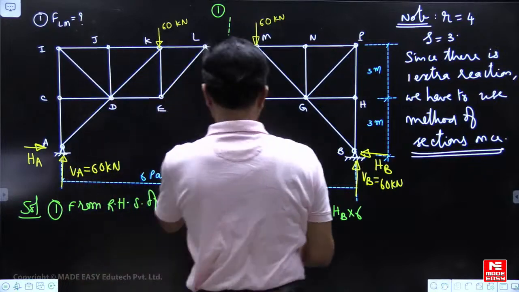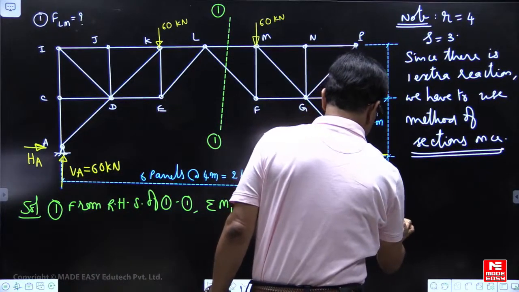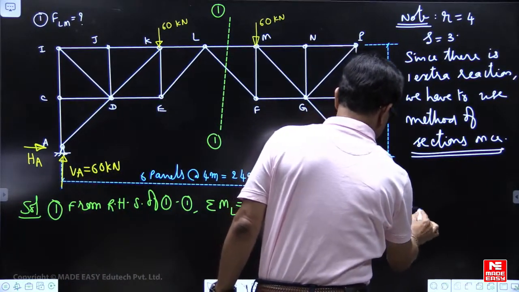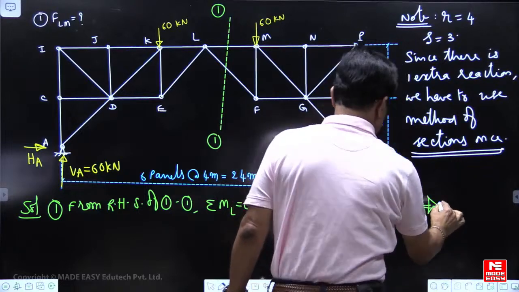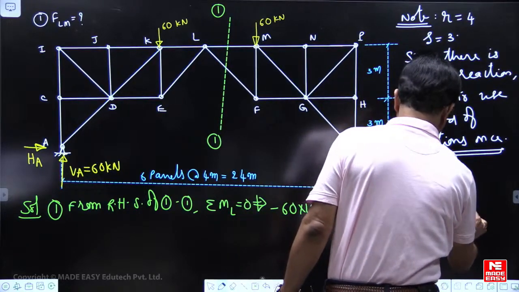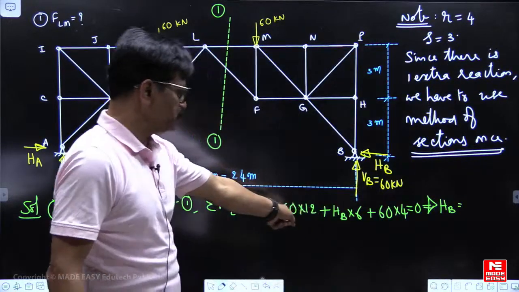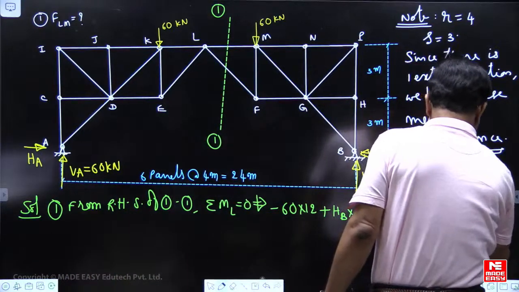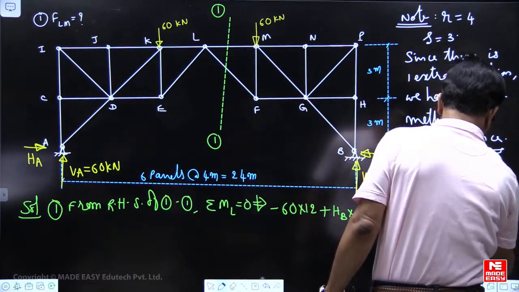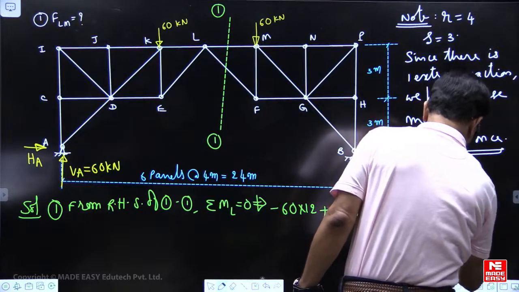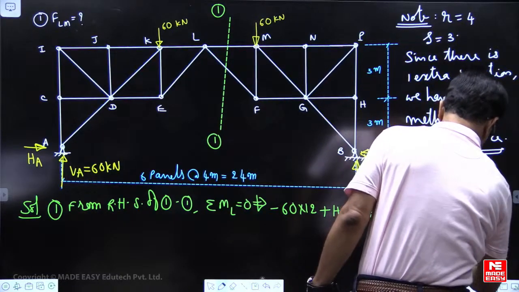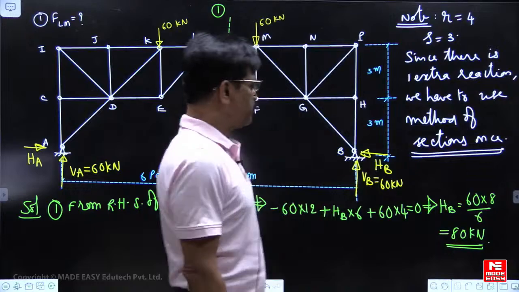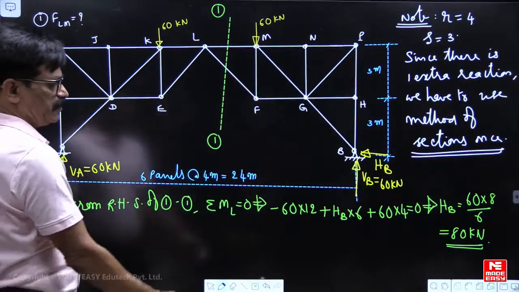This is also clockwise, plus 60 into 4. From this you will get HB: 60 into 12 minus 60 into 4, so 60 into 8 by 6. You can write it like that. So HB you will get 80 kilonewton.